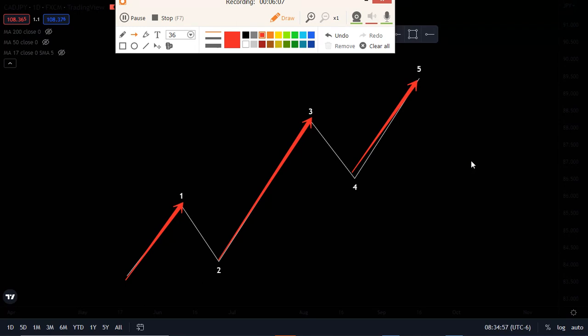So what we mean by this is these three waves show us the overall direction of the 5-wave pattern.